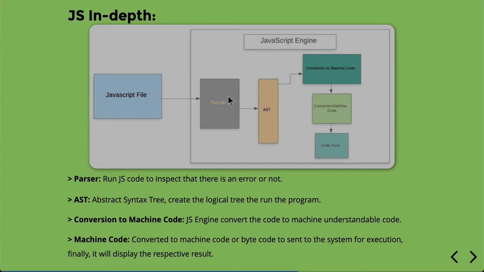If there is not any error, then what will happen? The next stage will be the AST, which means abstract syntax tree. In the abstract syntax tree, it will create the structure in a tree format.